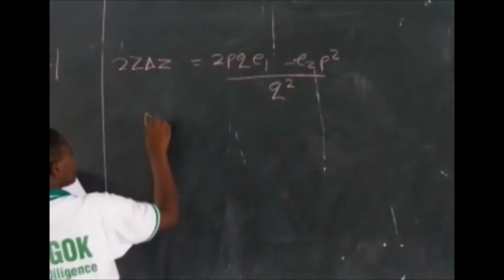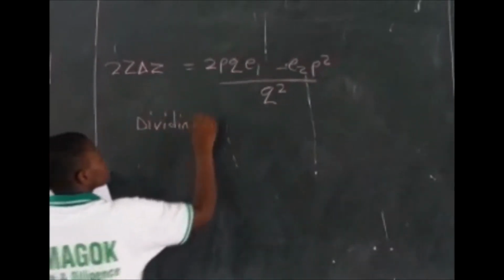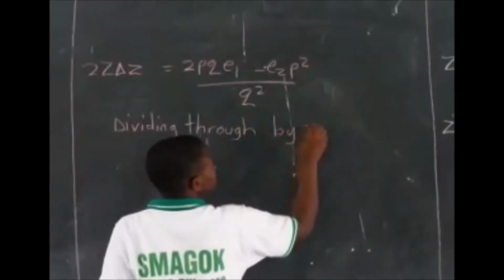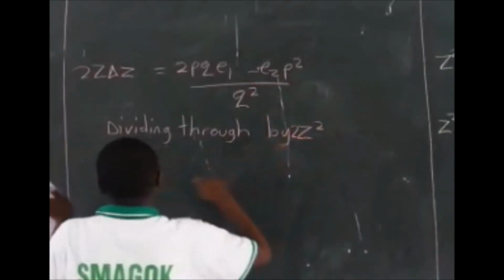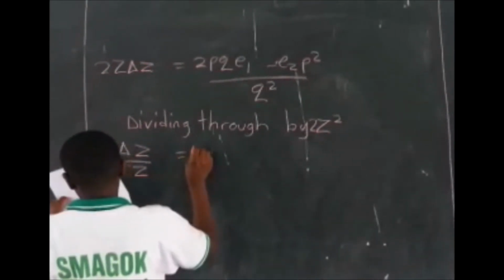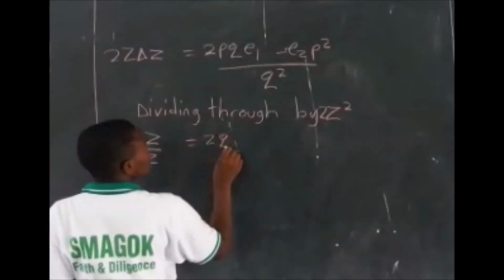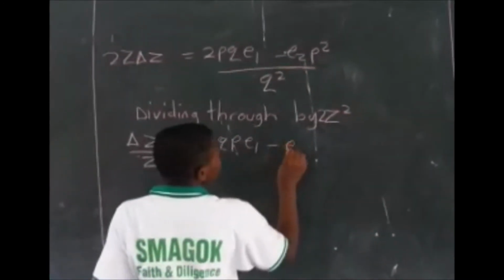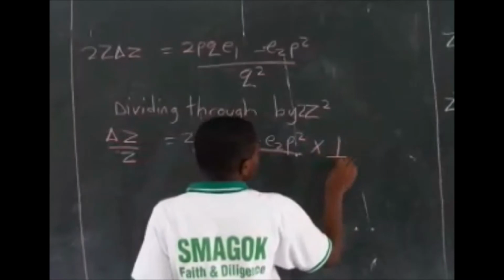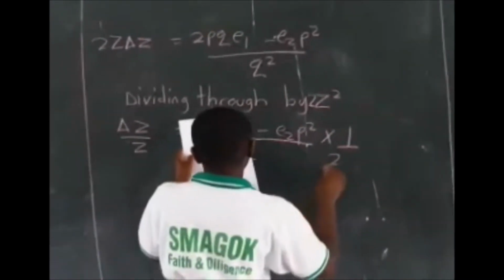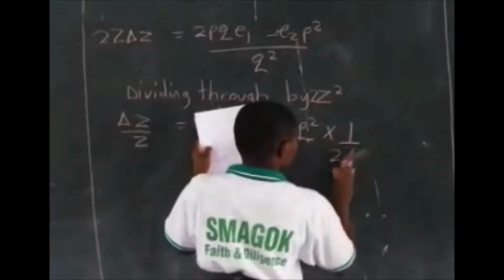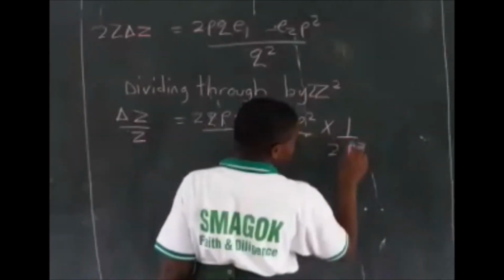From there we shall divide through by 2Z squared, and this side shall remain with delta Z out of Z as equal to 2Q PE1 minus E2 P squared out of Q times 1 out of 2, where our Z is Q, our Z squared is P squared out of Q.